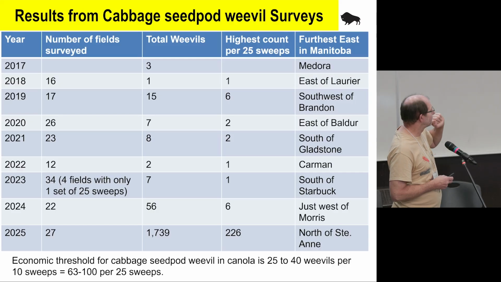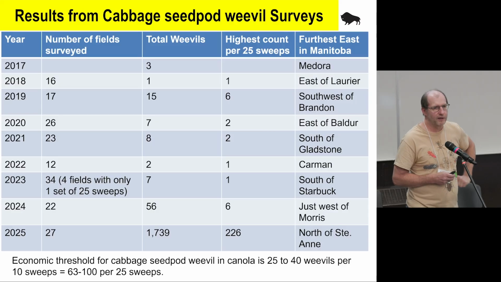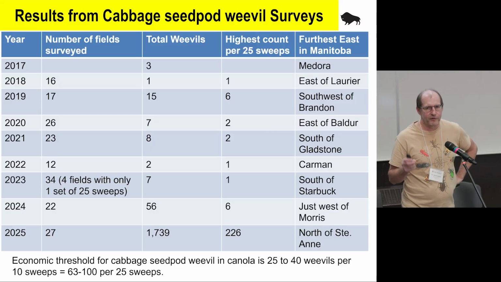This table shows you the data, and you can see that from 2017 to 2024, we had relatively low numbers. In fact, the most I ever was able to collect in a 25 sweep sample prior to this year was 6.